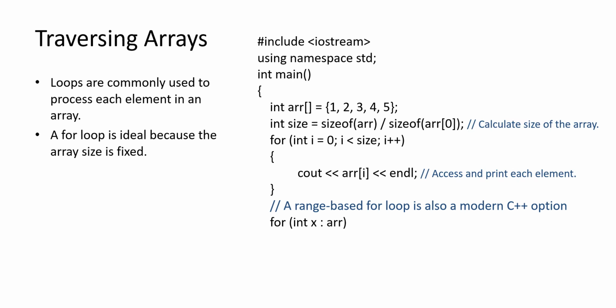Second method: range-based for loop. This is a modern C++ feature. The advantage of this is cleaner syntax and it is less error prone. Both methods are commonly used in programs.